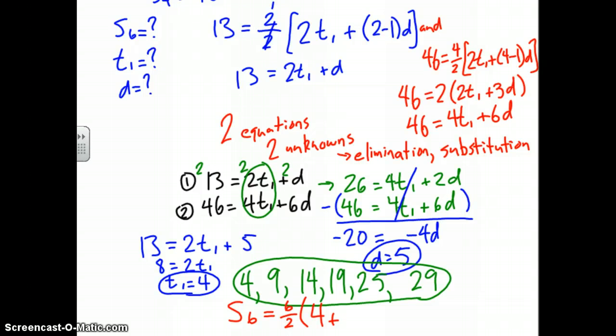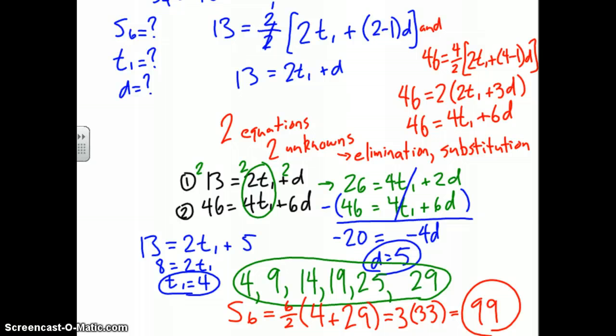Tn in this case is T6, which is 29. So we get 6 over 2, which is 3, times 33, which is 99. So the sum of all those is 99.